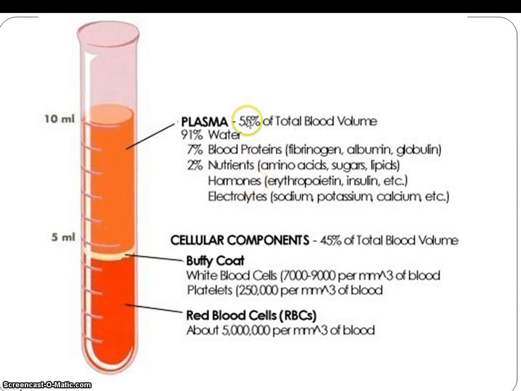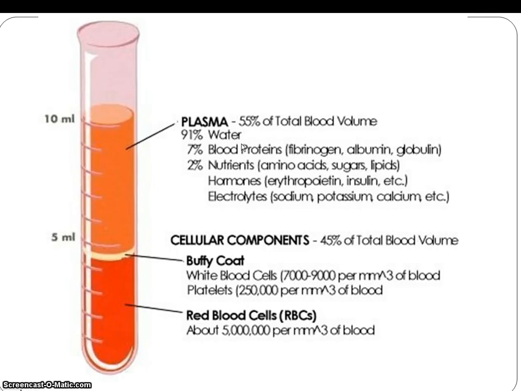So when we look at plasma, which is what we're about to do, we see that a vast majority of it is water, but then it's got some proteins and some nutrients, hormones, and electrolytes inside of it, and that makes a concoction that's nutritive to the cells. The water really facilitates its movement throughout the body. So if we're dehydrated, some of the things that happen are a result of not having enough water in the plasma.